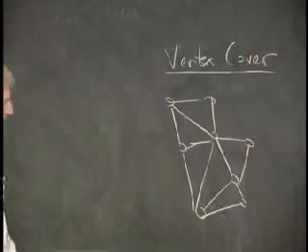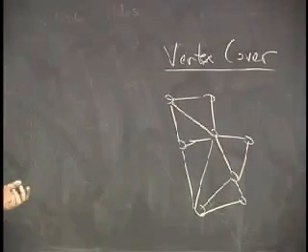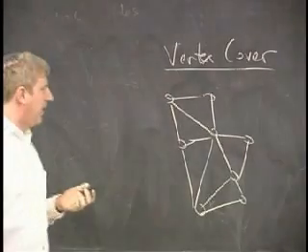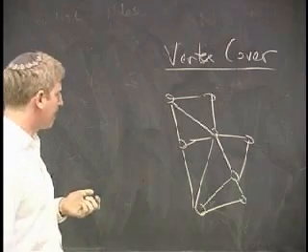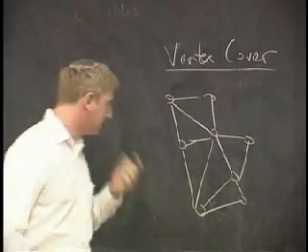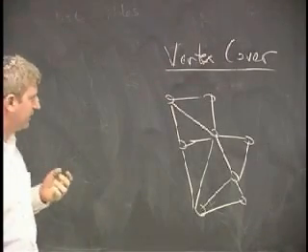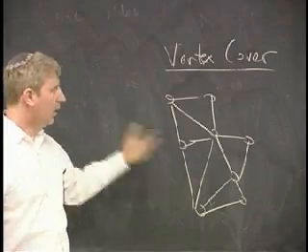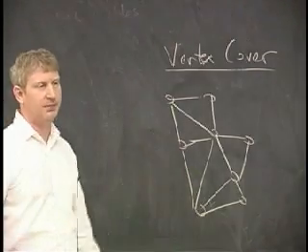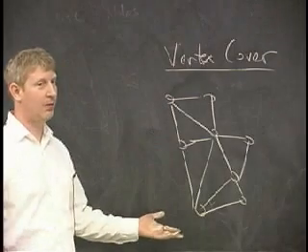Okay, here it is. Here's how this algorithm more or less works. Go in your graph and pick any edge at random. What do you want to pick?